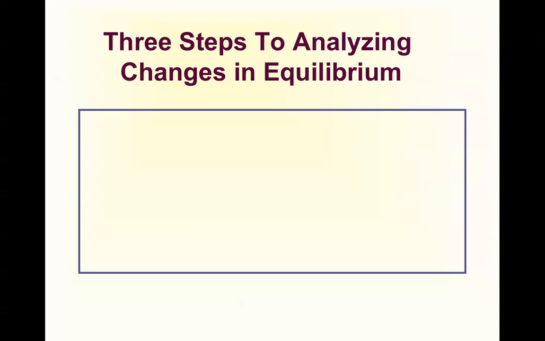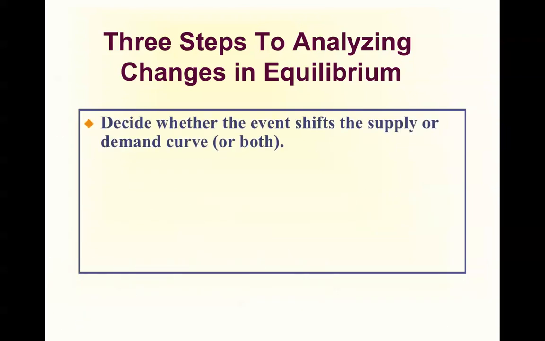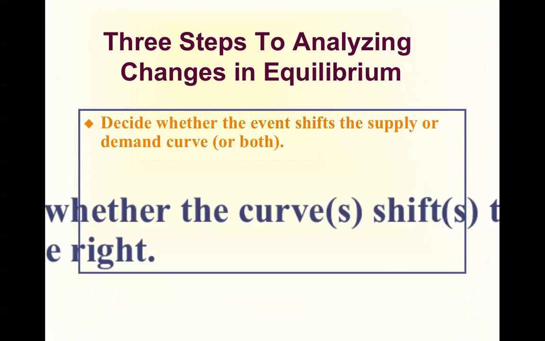And first we need to look at 3 steps to analyzing changes in equilibrium. So, given that there's going to be a change, given that there's going to be a shift in one of the curves, the first thing is to decide whether the event shifts supply or demand or both. In the real world, oftentimes both curves are shifted. In our little world, the way I'm going to teach it, we're going to shift either one curve or the other.